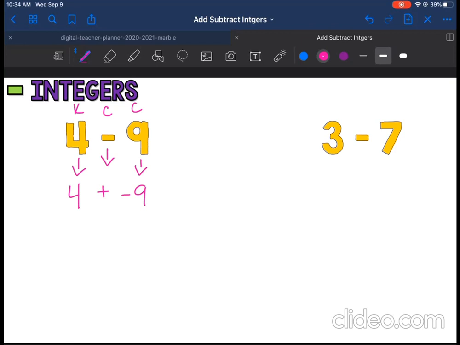Do I have same signs, different signs? Do I add or subtract? Subtract. So what is 9 minus 4? 5. What number is bigger, 4 or 9? Is 9 positive or negative? So my final answer is?